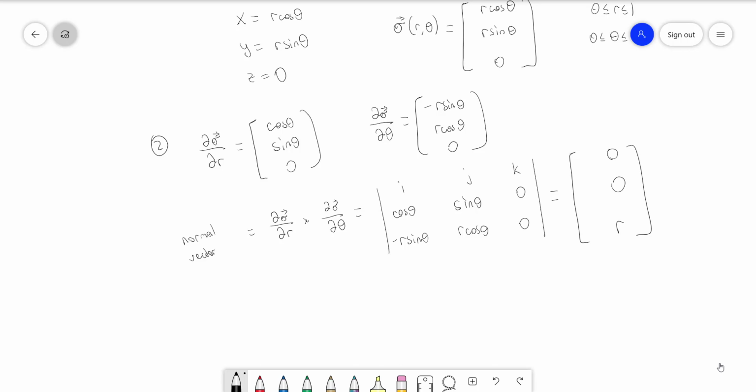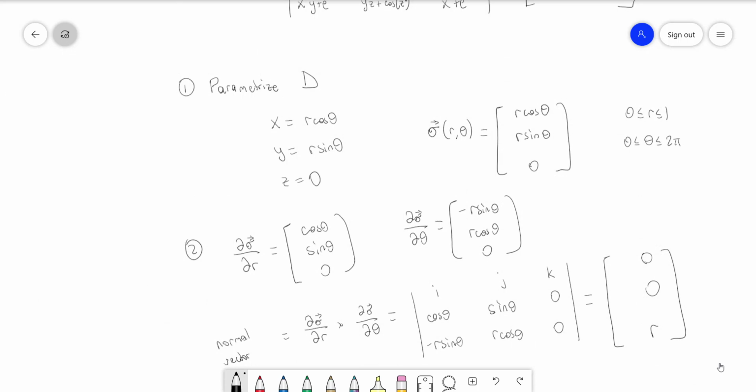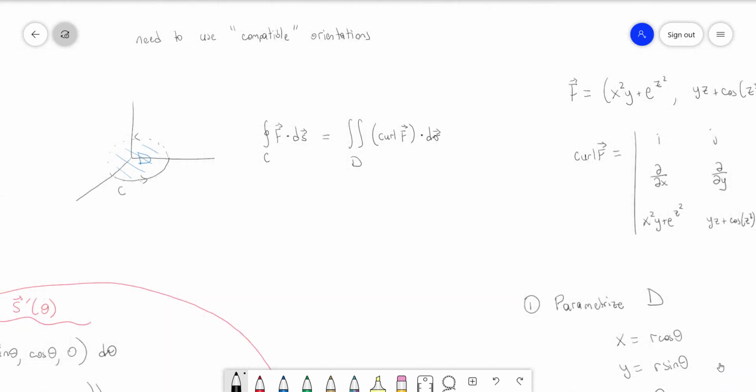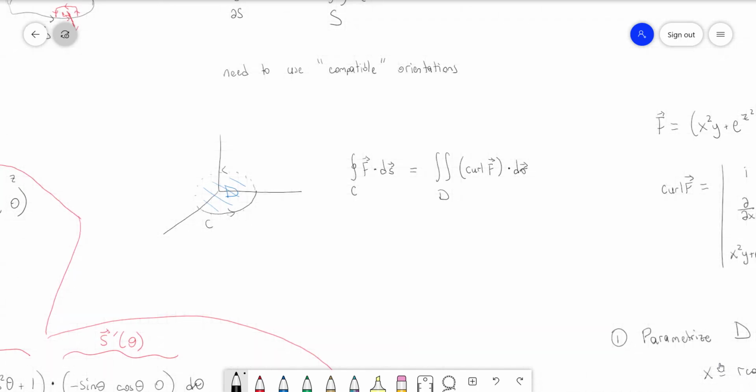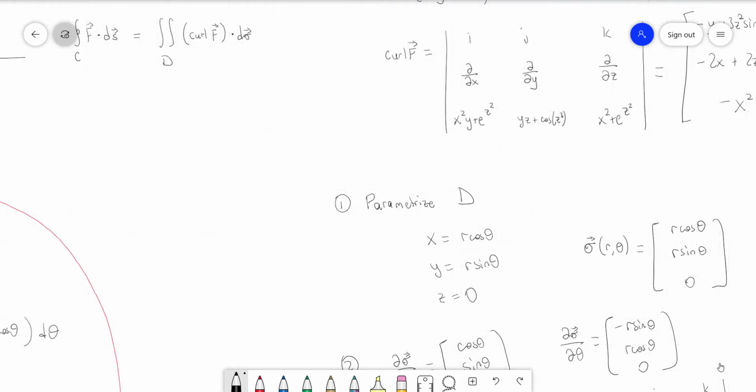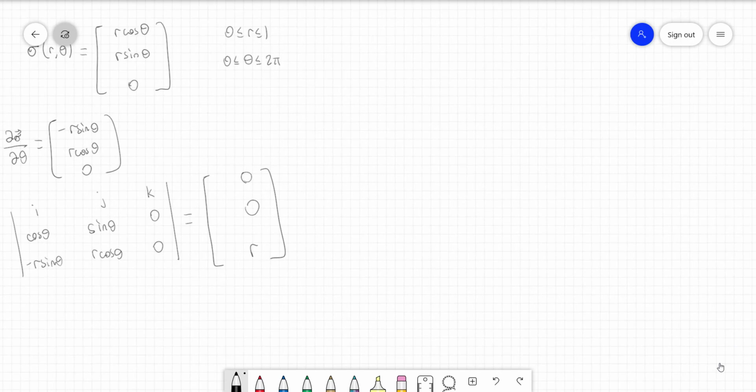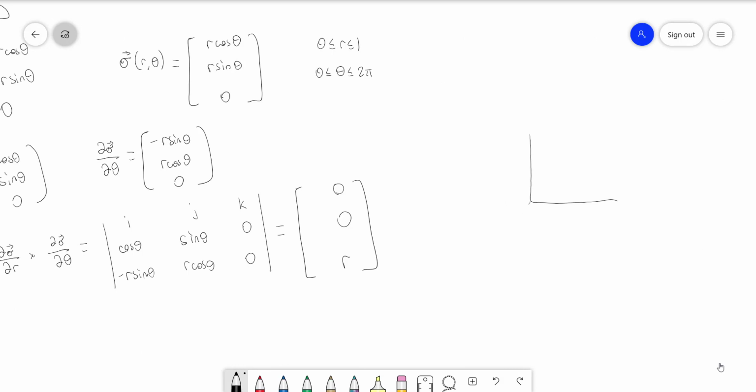Now, I want to make sure that the orientation matches the orientation of the boundary curve, because we were specified a positive, so counterclockwise, orientation on C. So let me draw a picture again. Here's the unit circle C in the xy plane. The positive orientation looks like this.